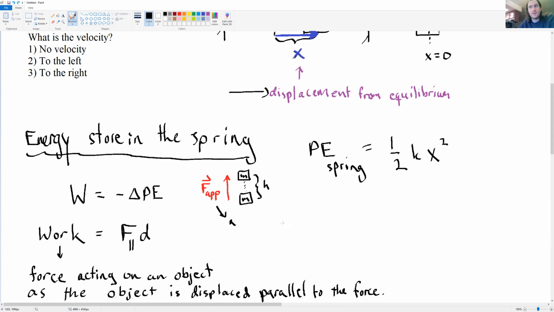I don't know why I'm obsessing over writing a bunch of words right now. But let me write the precise mathematical statement first. So the applied force has to be less than or equal to mg.